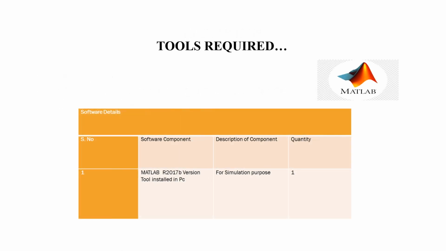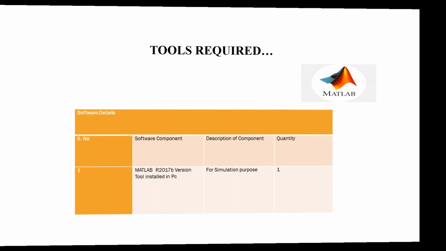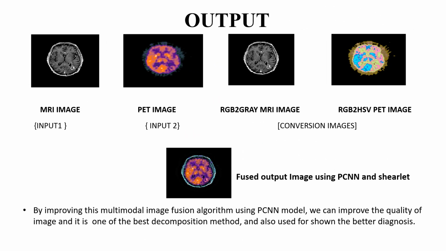Here we are using MATLAB software, the 2017 version, for the simulation. Coming to the output, this is the MRI input image and the PET input image. These are converted into a gray image and an HSV image by using the keywords rgb2gray and rgb2hsv.